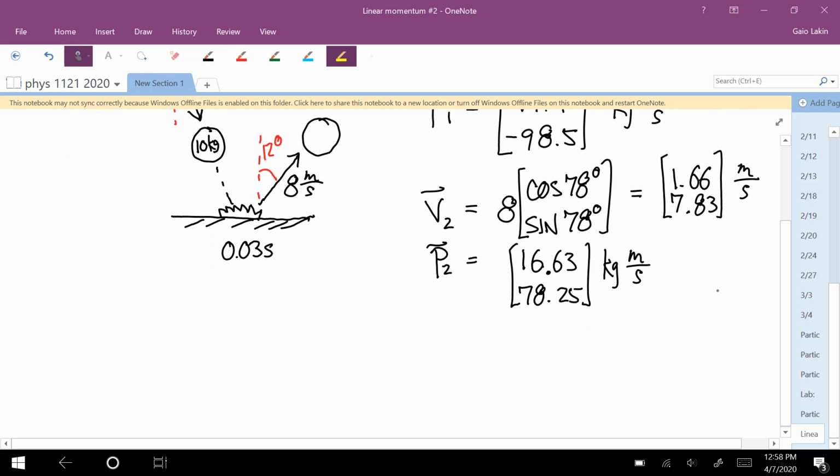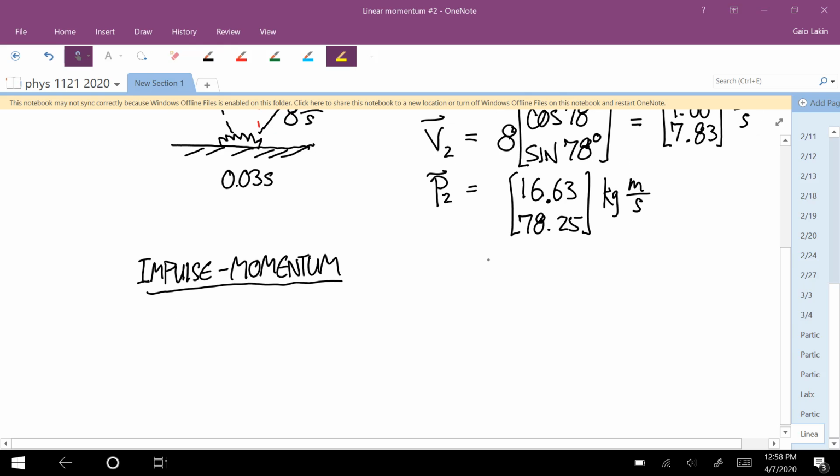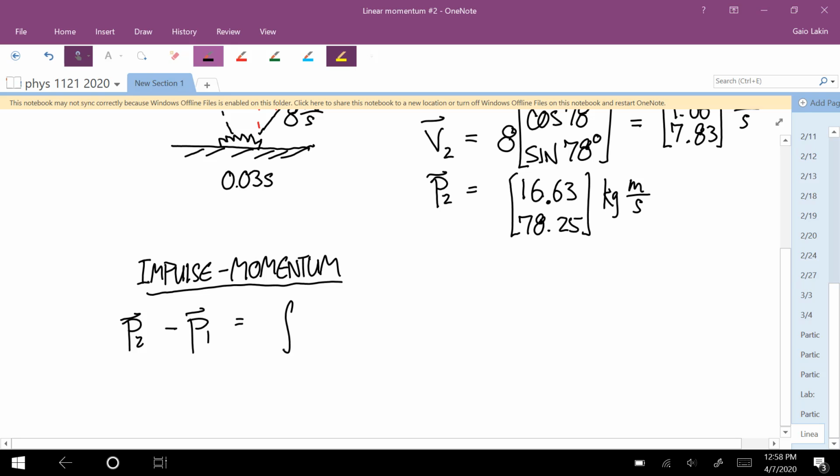Well, the impulse momentum equation says the later momentum minus the earlier momentum is equal to the integral of the force with respect to time, going from T1 to T2.